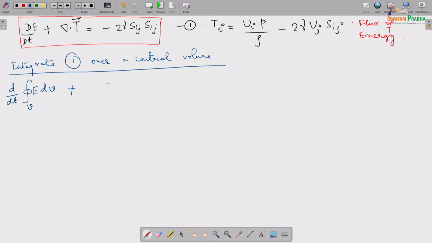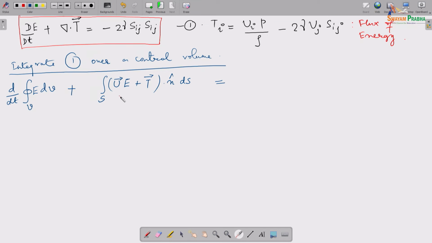Now to this, what I do is, this is a surface integral where I do this. Right. Now this is equal to something. Now what is going on here? As you can see, this is the flux, and this is the convective.